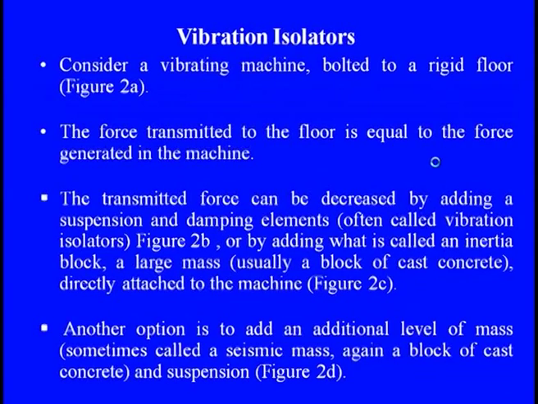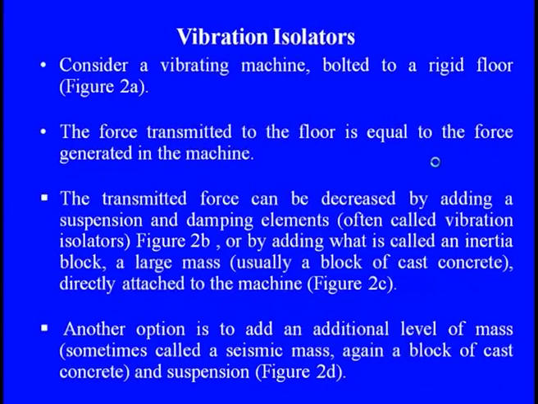In the first one, no isolator is provided: the foundation is rigid and the machine is coupled with bolts, so the force transmitted is equal to the force generated in the machine. Now we would like to decrease this transmission.